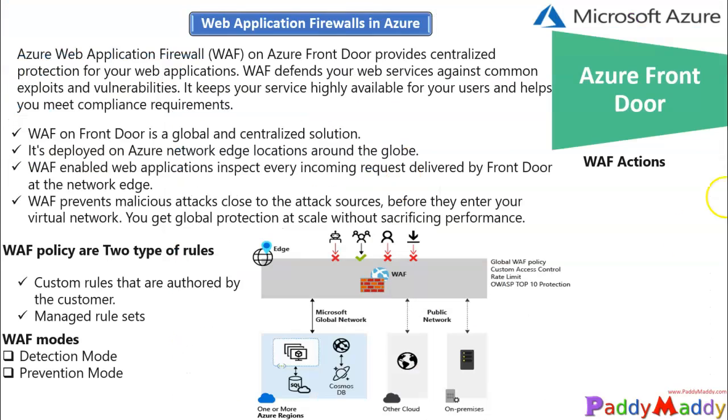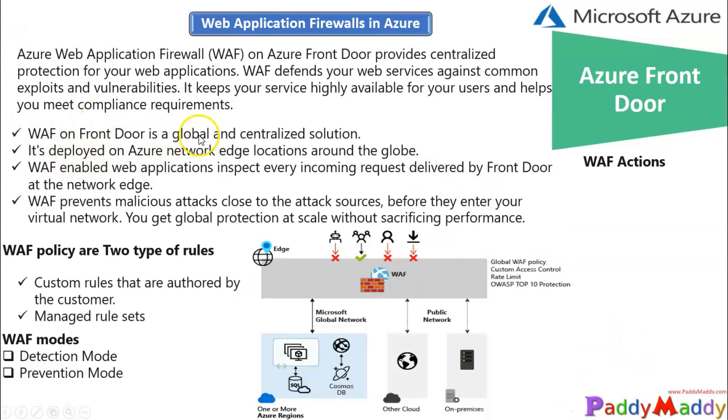Let's go to WAF on Azure Front Door. When it comes to Front Door, by using the WAF, when you enable it on a Front Door, you are going to secure your web applications against common exploits and vulnerabilities. It also keeps your services highly available for your end users and helps you meet compliance requirements.